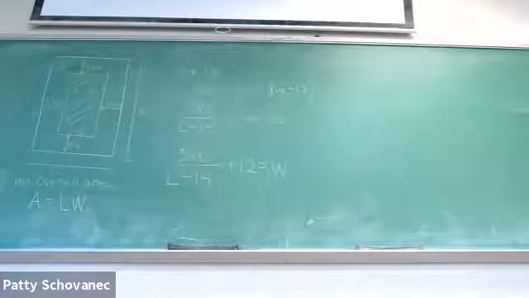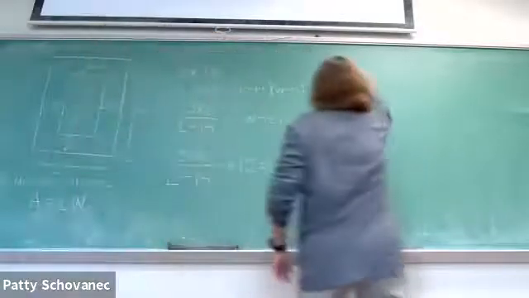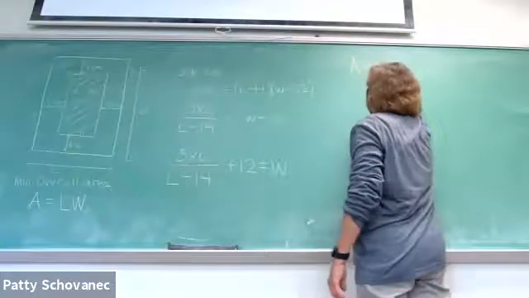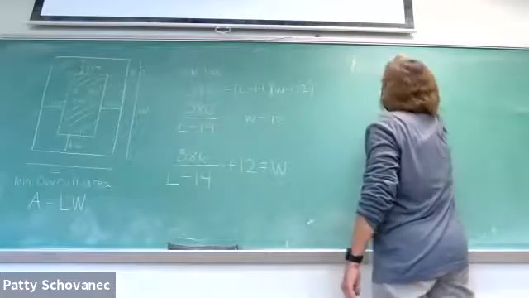We can plug that in where the W is and then simplify that enough so that we can take the derivative. We're plugging that in right here. And now my objective function looks like this: length times width.